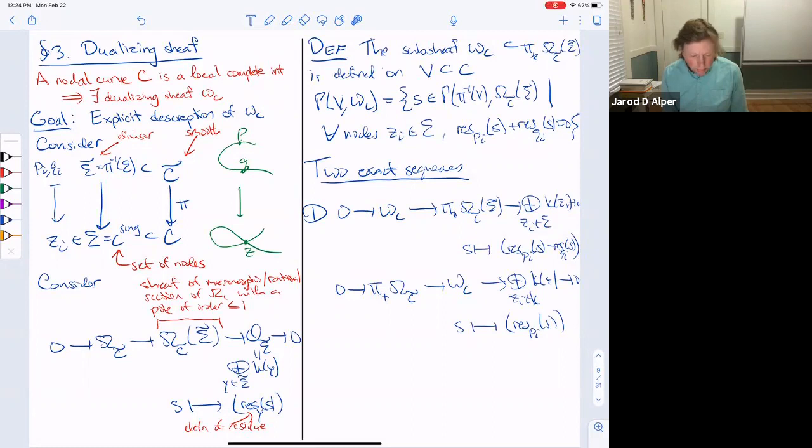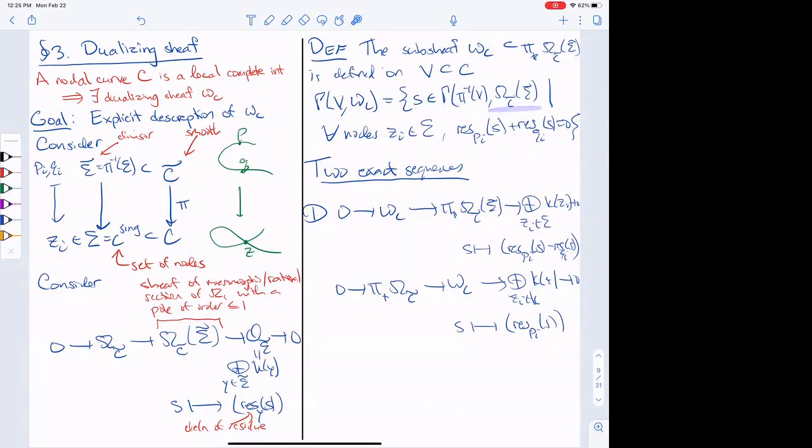Well, I think it comes from the fact that if you have a regular differential on the normalization, then it's also a section of omega C by definition, right? It follows from this definition here. That makes sense. Okay, thank you.